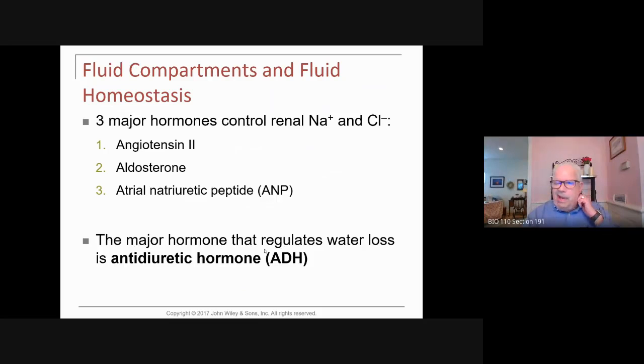And as we said in the urinary lecture, there are 3 major hormones that control renal sodium and chloride, and they all begin with A: angiotensin II, aldosterone, and ANP.